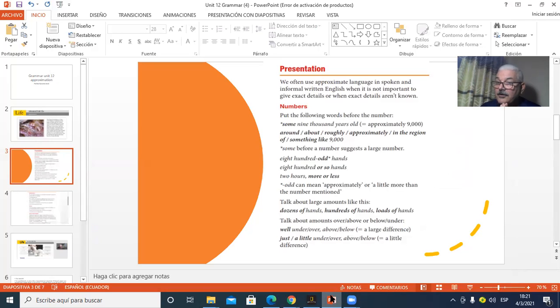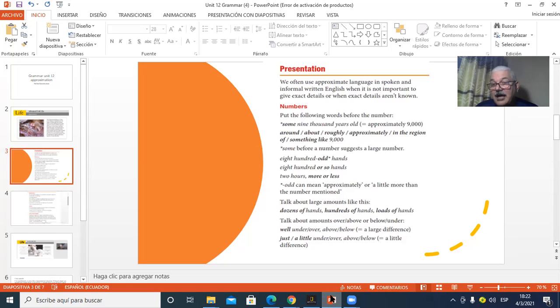We may refer to a number without mentioning the exact amount. So we say some 9,000 years old, okay? It's approximately 9,000 years old. It's around, okay? It's roughly, or it's in the region of 9,000 years old, okay? Then that's what we mean.